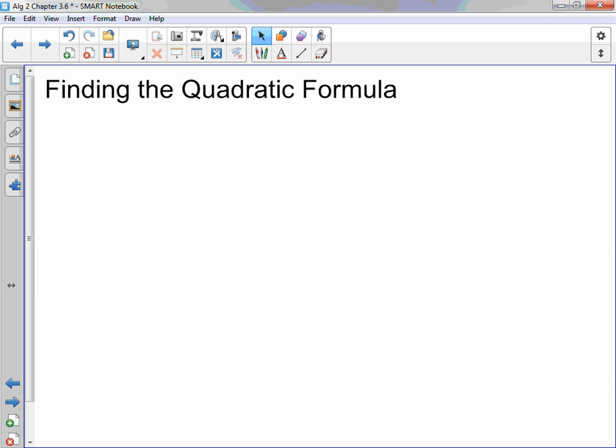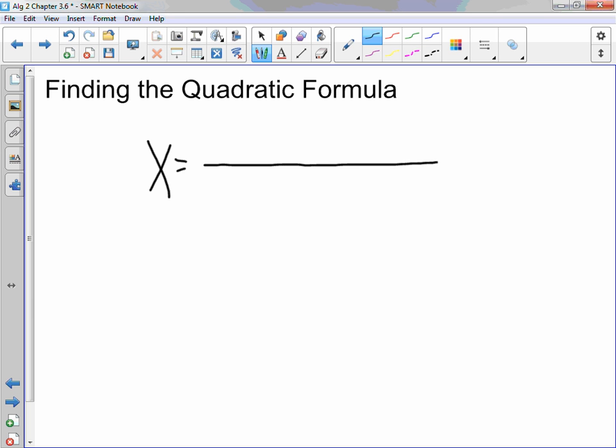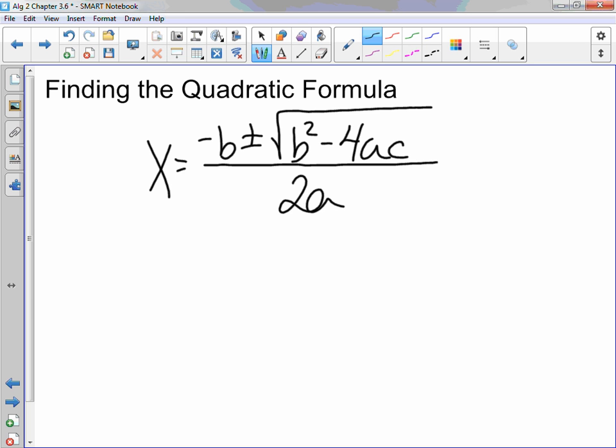I went through yesterday kind of finding the quadratic formula, how we would go about getting it. The quadratic formula itself is x is equal to negative b plus or minus the square root of b squared minus 4ac all over 2a. This here is the quadratic formula, and this is what we'll be using today to solve these quadratic equations.